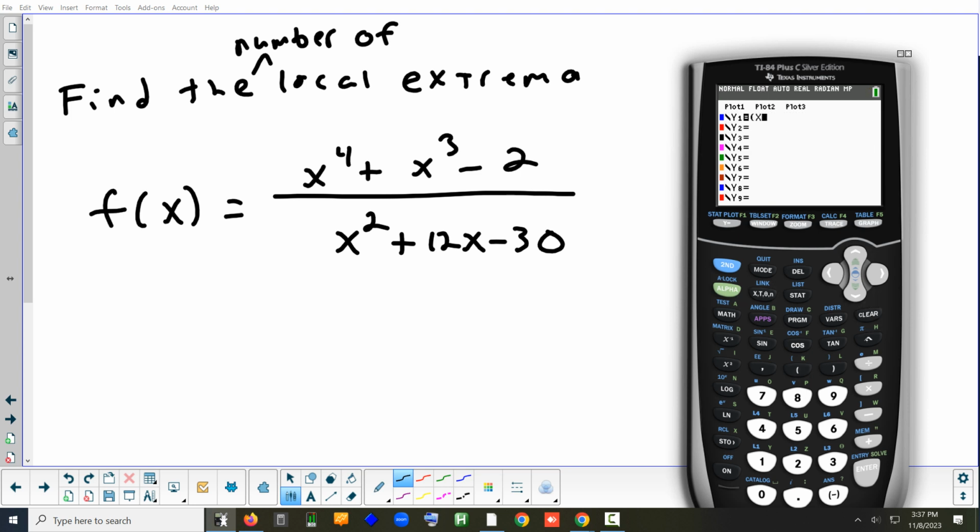So x to the fourth plus x cubed minus 2, and then let's do divided by x squared plus 12x minus 30. All right, let's do zoom 6.